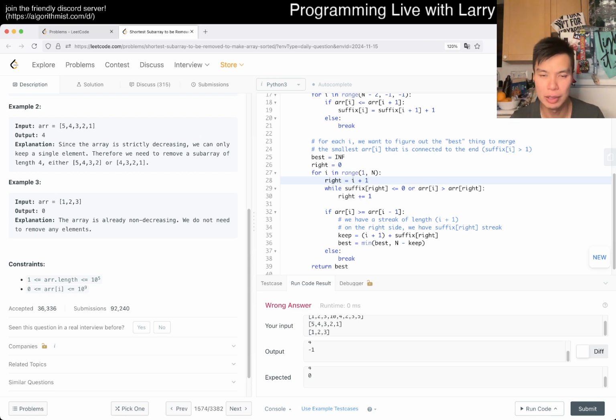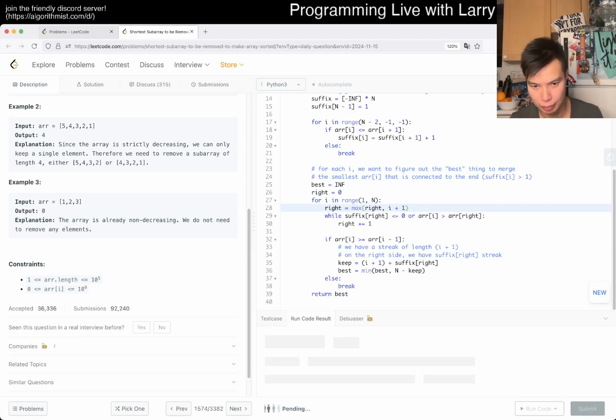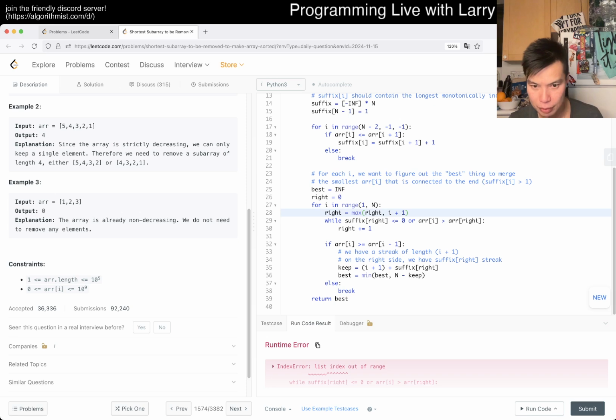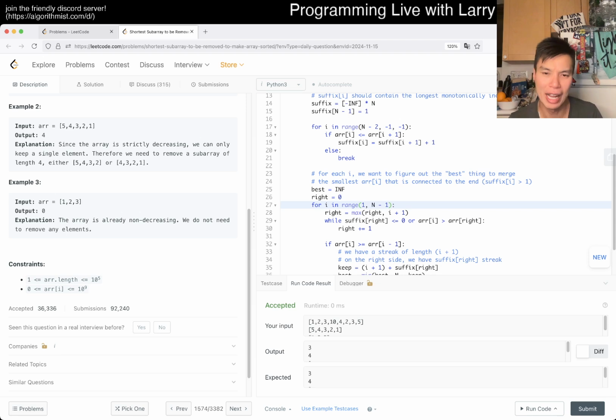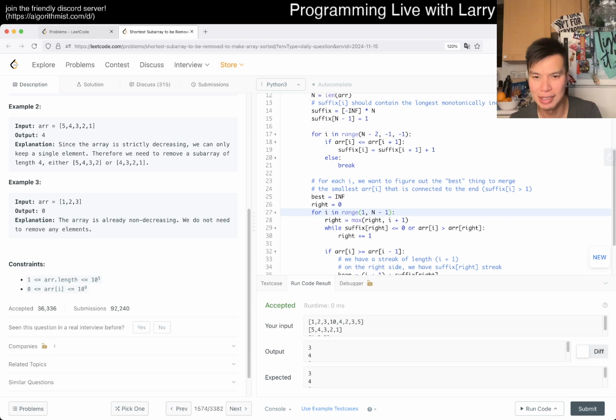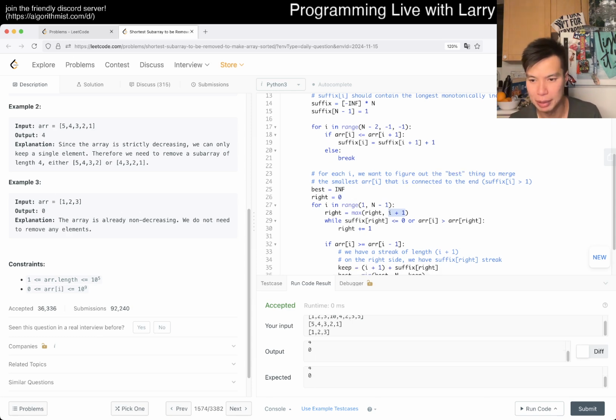So yeah, it's going to be max of right and I plus 1. Okay. Oh, but now in this case, we don't need to go all the way to n, because we can go all the way to n minus 1 and that's fine, because n is infinity and then it just checks that this is n plus 1, which is our bounds and stuff like that. Oops. Very sloppy, but okay.